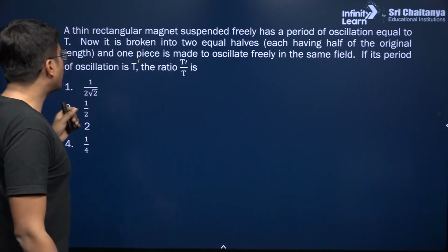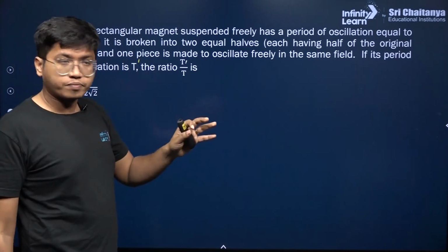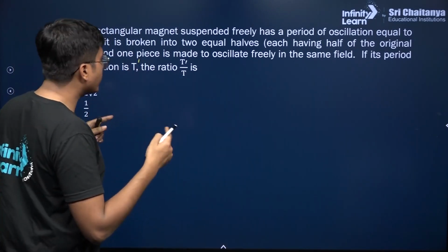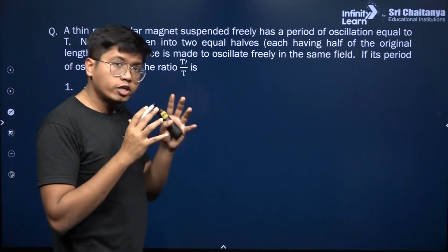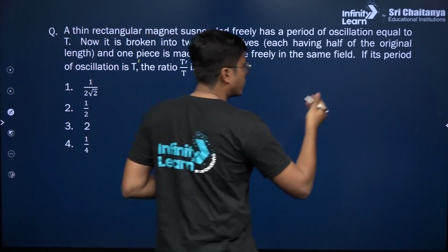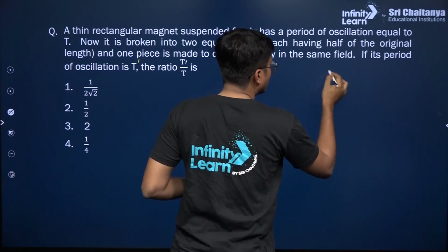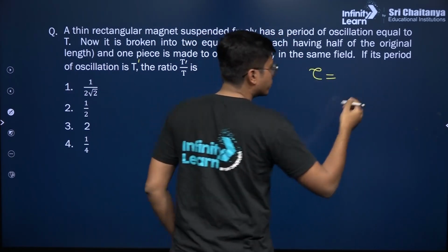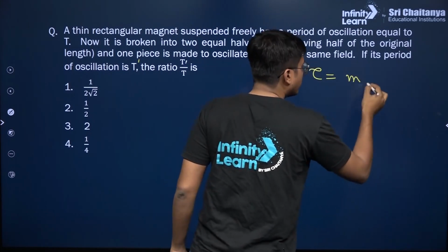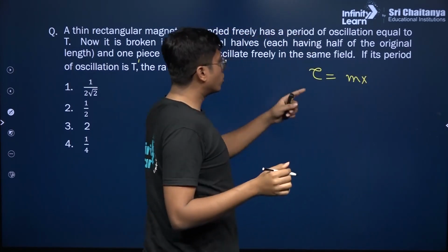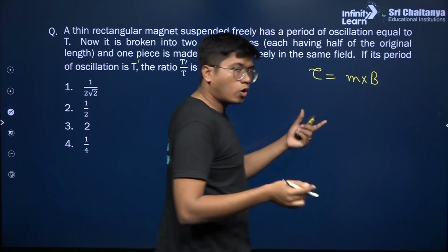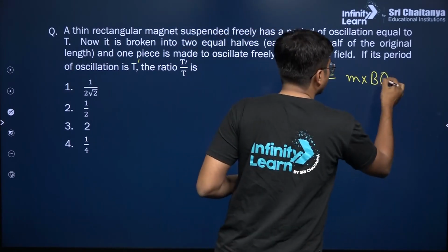Now what do we know about the period of oscillation? We get that from our original relation of the torque. The torque was equal to the dipole moment m multiplied with your magnetic field into sine theta, which for small angles of deflection would be theta.